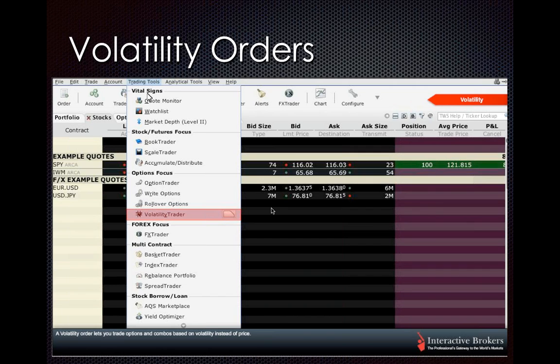Okay, so how can you do a volatility order? Very simple. You can see Trading Tools, I'll just underline it here. And you go through the menu, and you can see Volatility Trader. That will create another tab, like you can see portfolio, stocks, options, etc. And then you create another folder, basically.